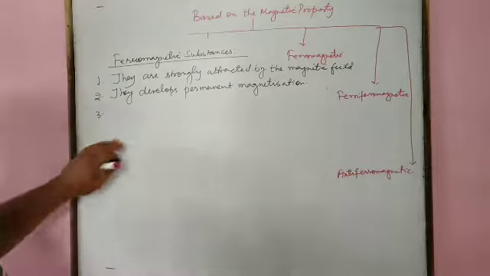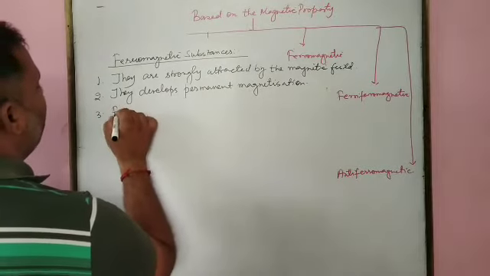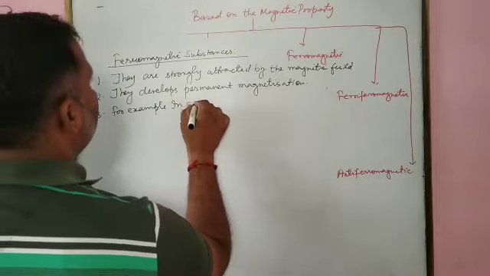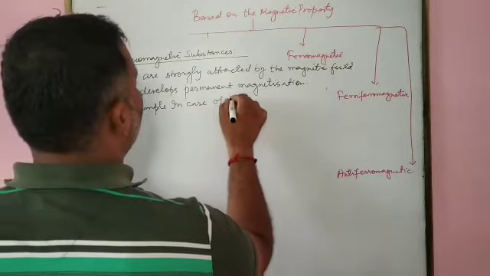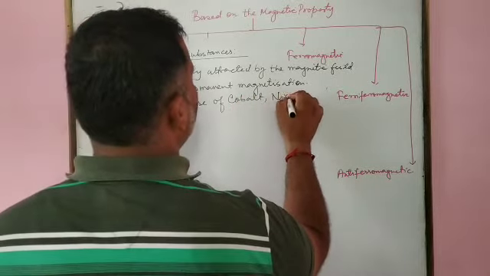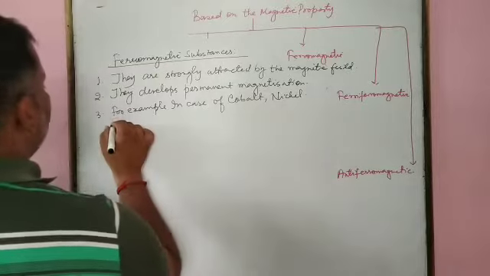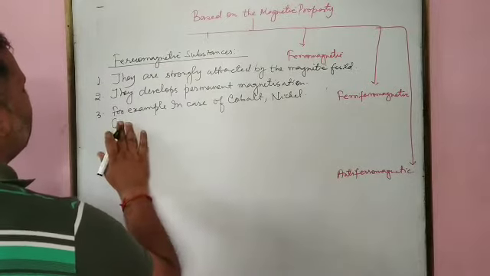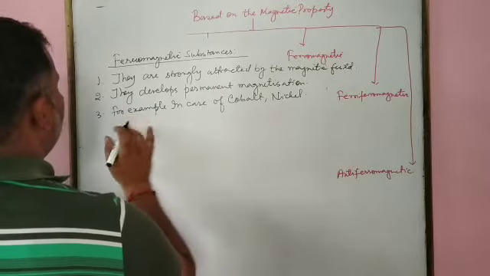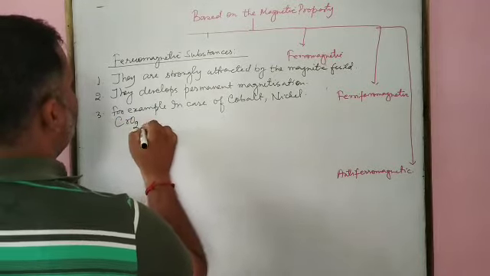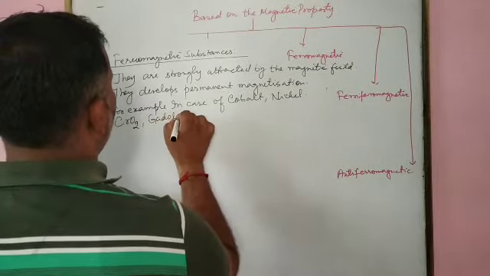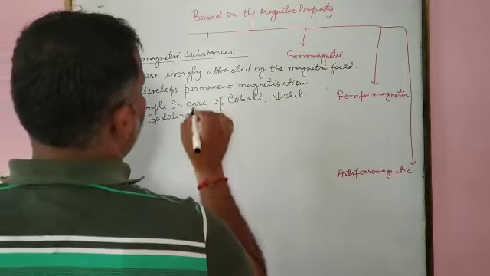For example, cobalt, nickel, chromium dioxide (CrO2), and gadolinium.